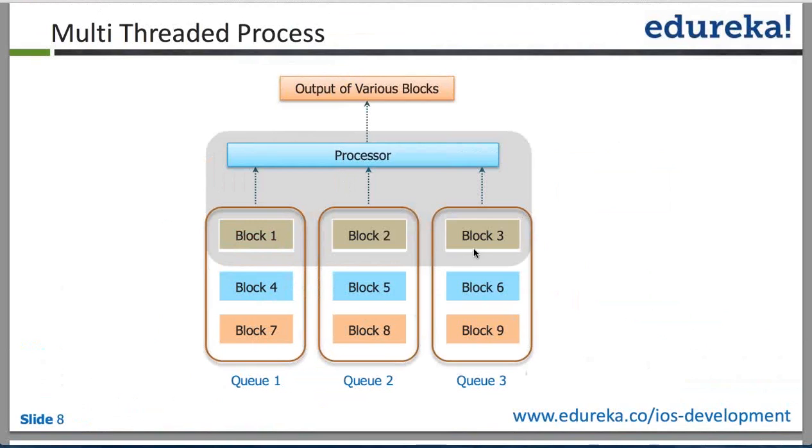Now block 1, block 2 and block 3 will be executed at the same time, and you will get the results with great performance, very fast. So that is the reason we have to go for a multi-threaded process.